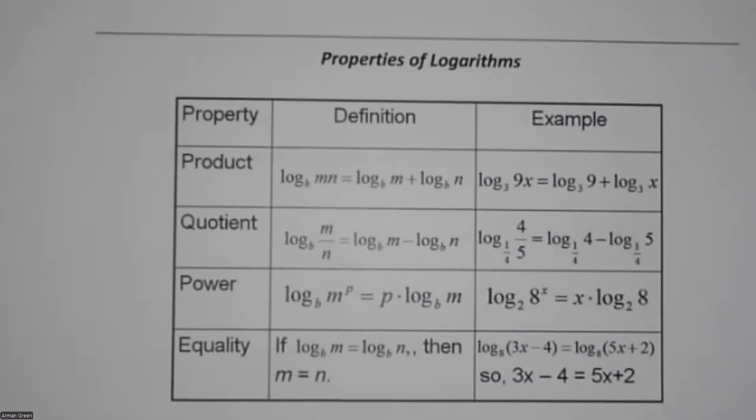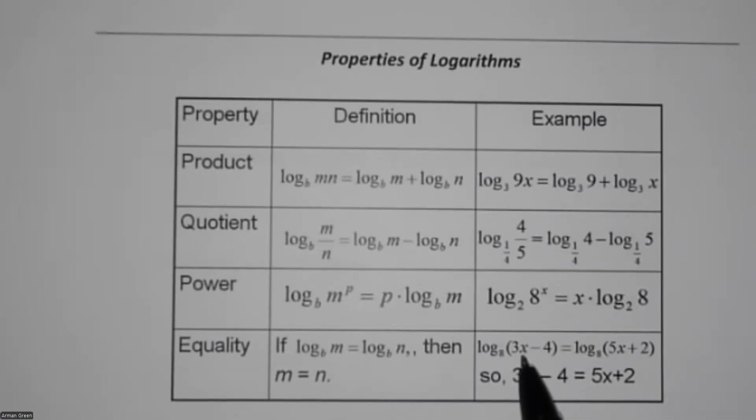And then the last property is the equality property, where if you have two logarithms that have the same base and they are equal to each other, then whatever's inside of their logarithms also has to be equal to each other.